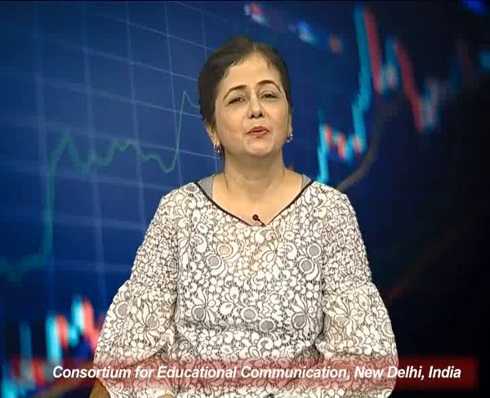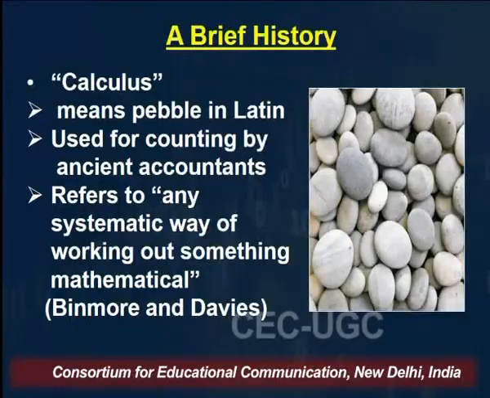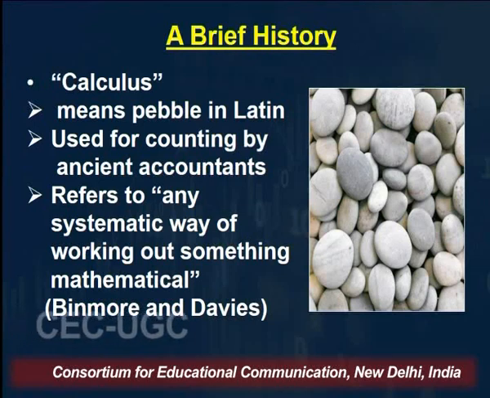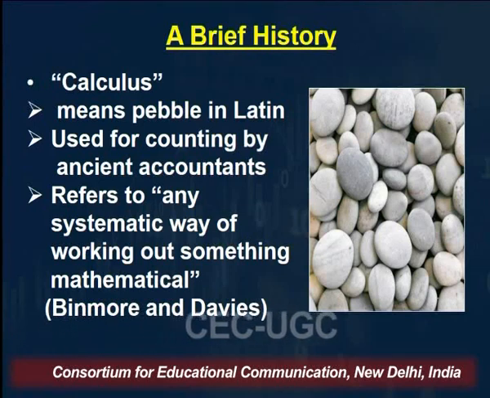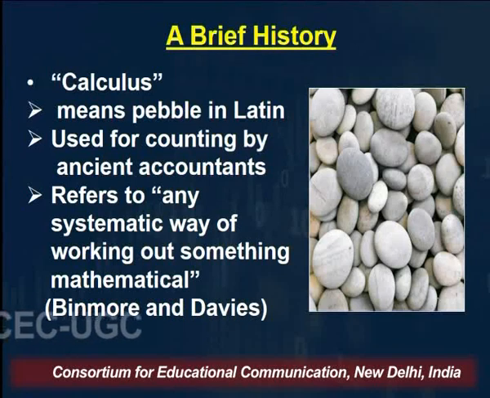Let me get into a little bit of history here, which we haven't really done in the math lectures so far, but just to deviate a little bit because this is kind of interesting. The word calculus is derived from Latin, and it means pebble or pebbles in Latin. Basically, ancient accountants used to use pebbles for counting and for other calculations.